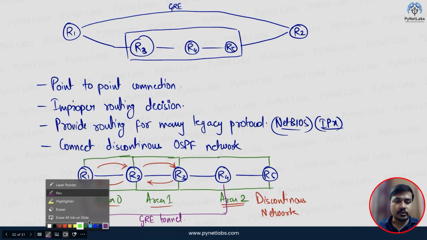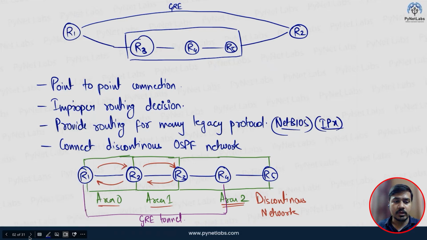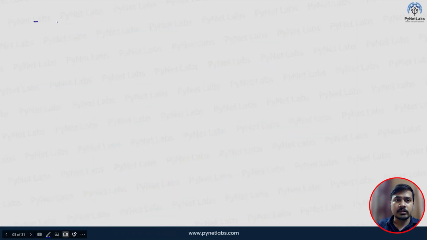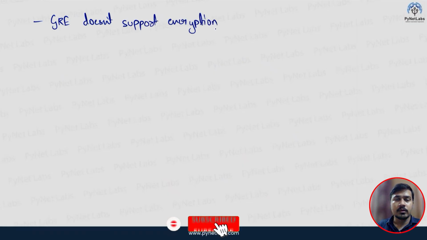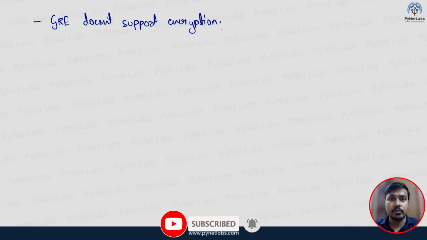Okay, as you might know, GRE out of the box doesn't support encryption. The IP header or the actual payload is encapsulated in a GRE header, but the GRE header doesn't encrypt.